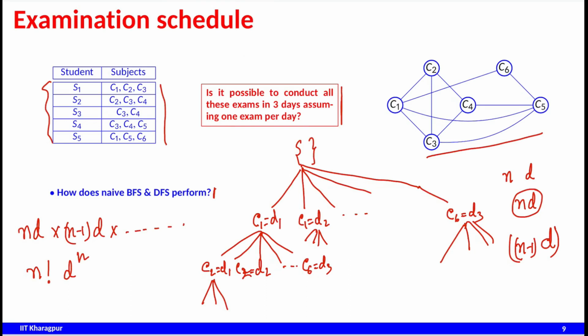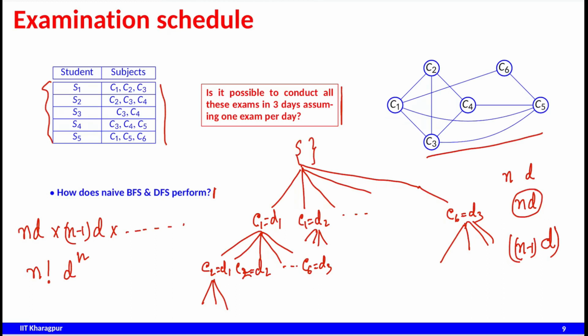And here I have only 3, so it will be n into n-1 into n-2 and d cube, or in the worst case it can go up to this way, which is basically an exponential number.